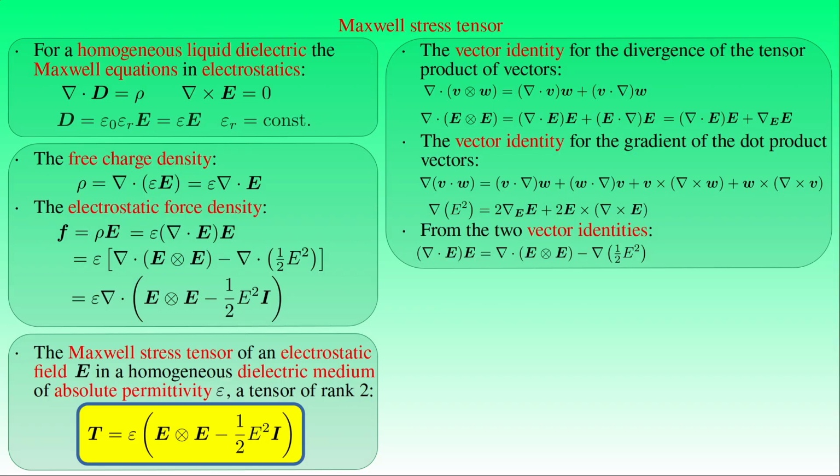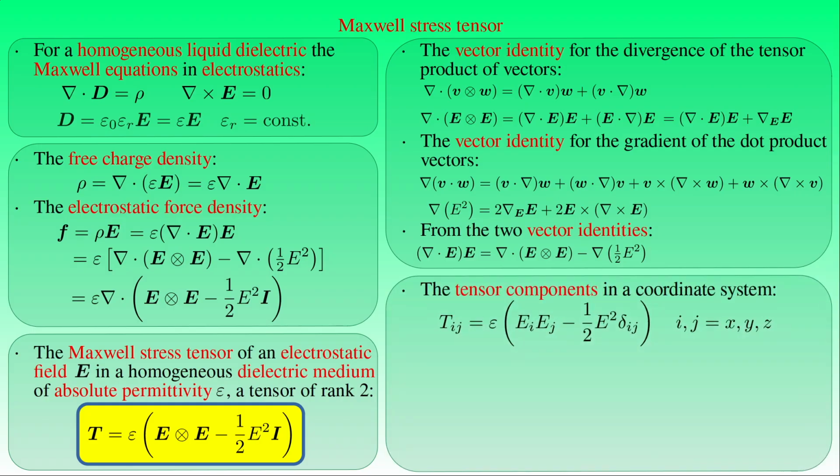If we attach a Cartesian coordinate system to the insulating material of dielectric constant ε placed in the electric field E, then the components ij of the stress tensor T are given by ε times the difference between the i component of the vector E times the j component of the vector E, and 1/2 times E squared times the Kronecker delta sub ij, where the indices i and j denote the Cartesian coordinates x, y, and z.